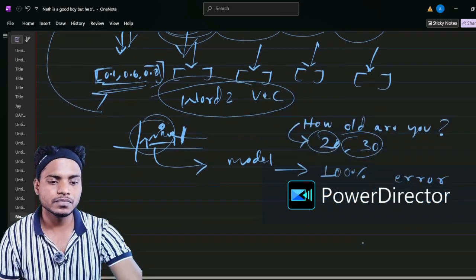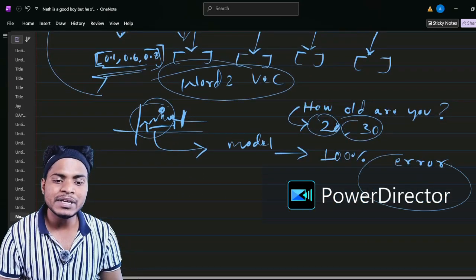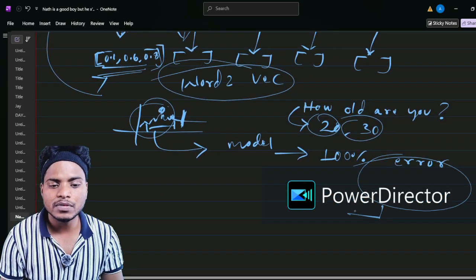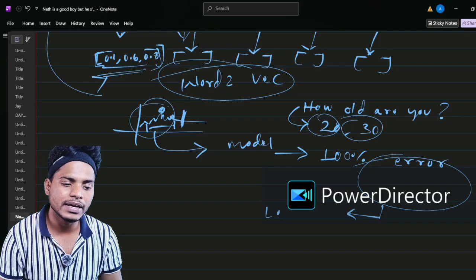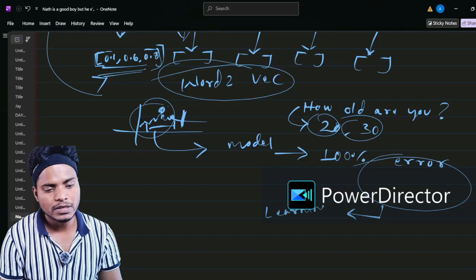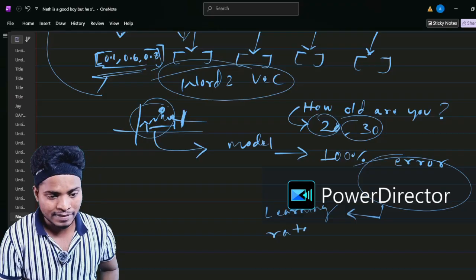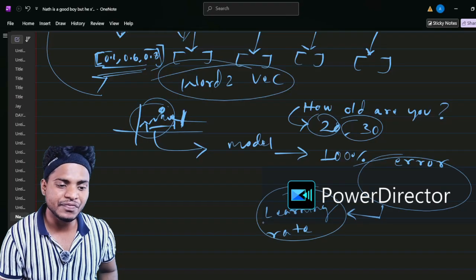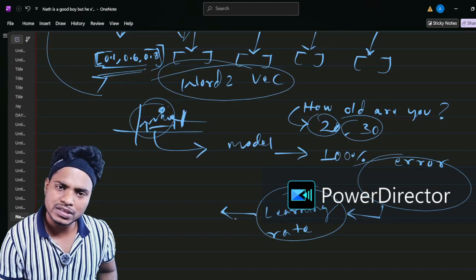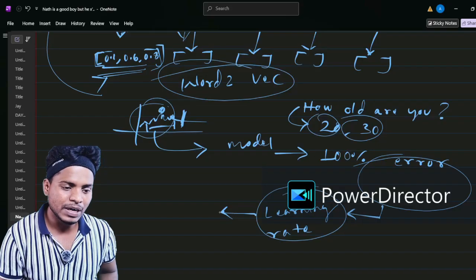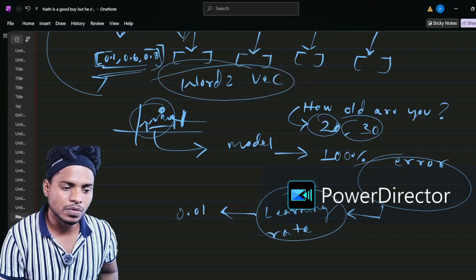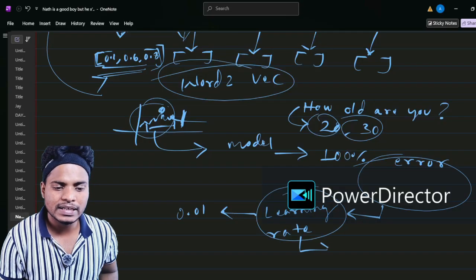So, to eliminate this error, we have something called learning rate. We have to define a value, since the machine learns on its own. Suppose we define 0.01. So what is the learning rate?